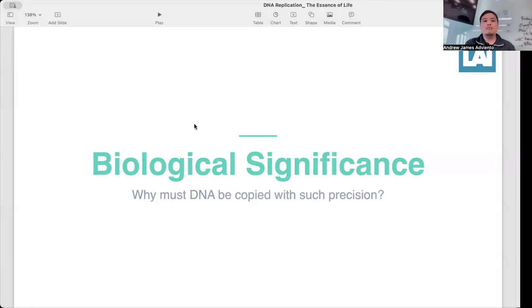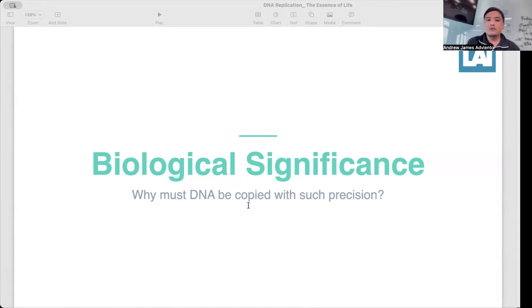So, biological significance: why must DNA be copied with such precision? Why must it happen? Imagine our body trying to heal a cut or grow taller without a way to duplicate your genetic instructions.